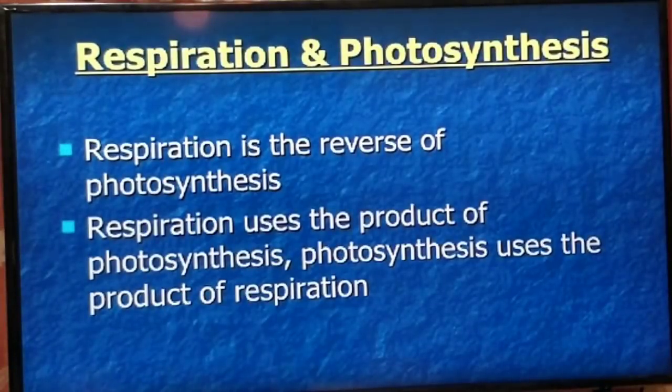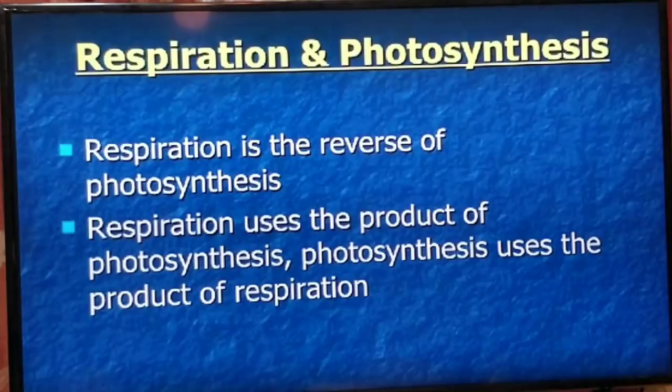Now we'll see the difference between respiration and photosynthesis. As I've earlier told you also, respiration is the reverse of photosynthesis. Respiration uses the products of photosynthesis. Photosynthesis uses the product of respiration. Now what is the product of respiration?